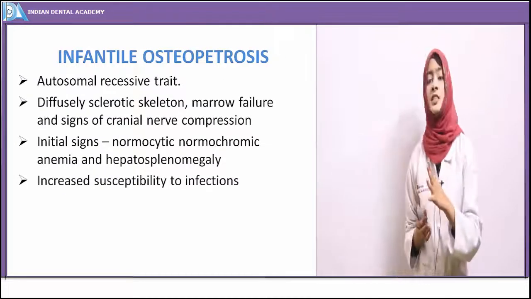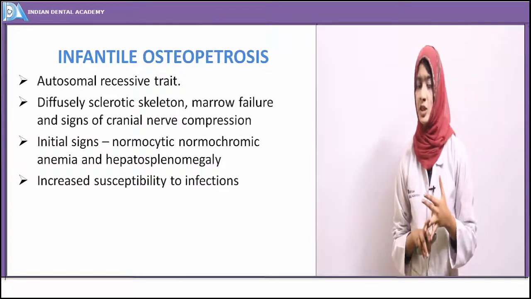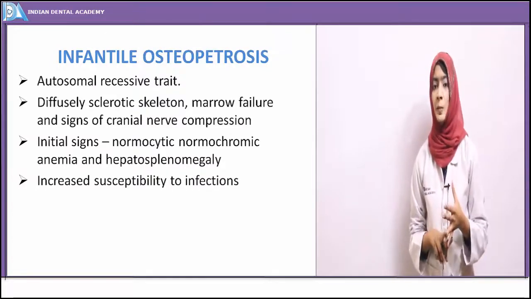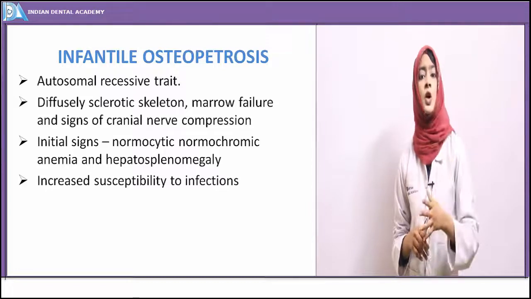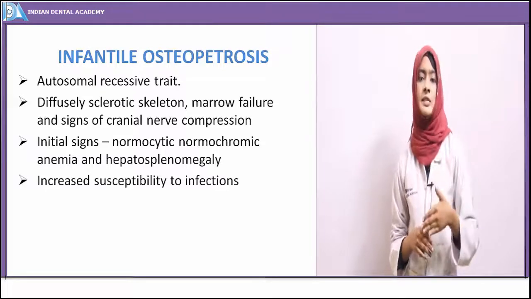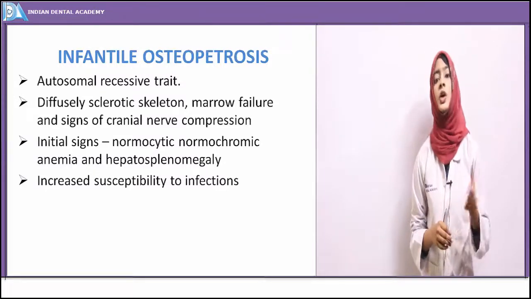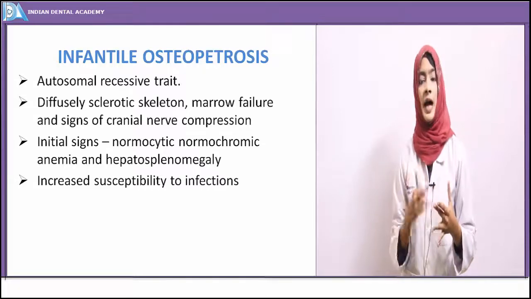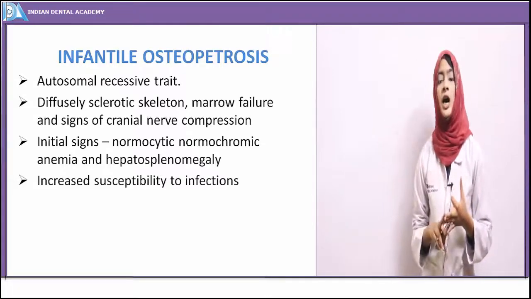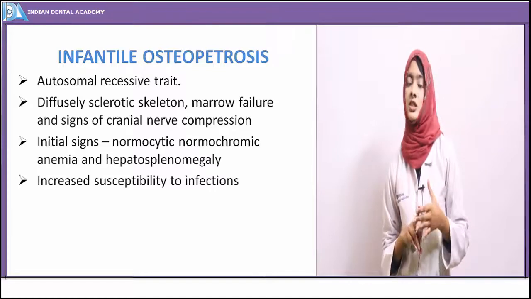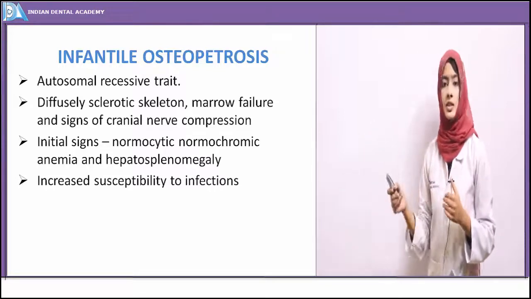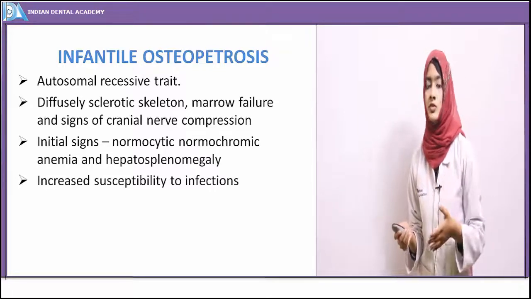It shows signs of cranial nerve compression because the foramina don't widen properly, and because the bone marrow is being replaced by osteoid tissue, you can see symptoms of pancytopenia, anemia, and osteomyelitic infections. So this infantile form is the more severe form.